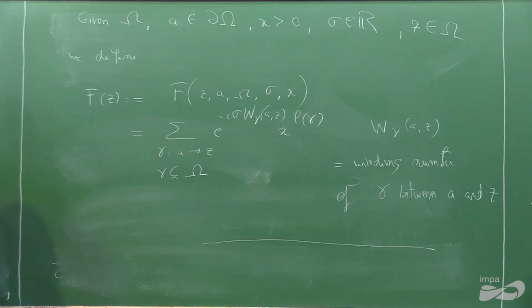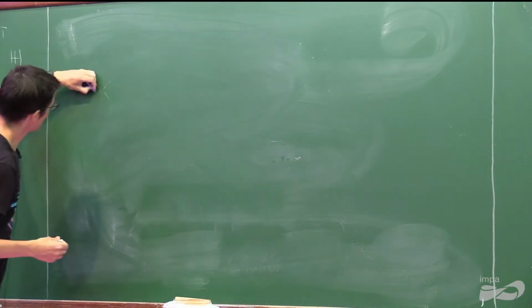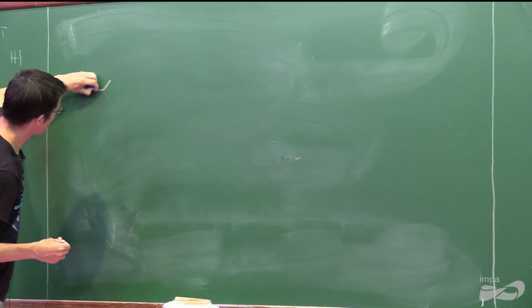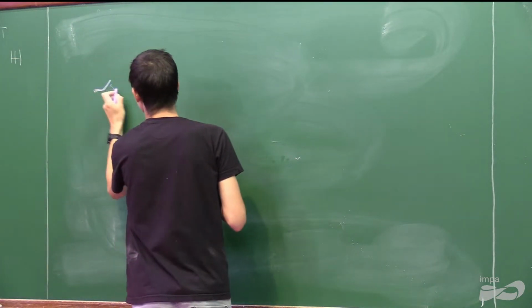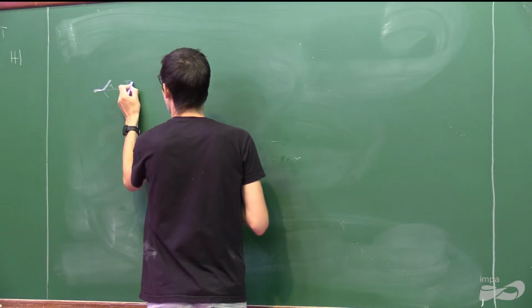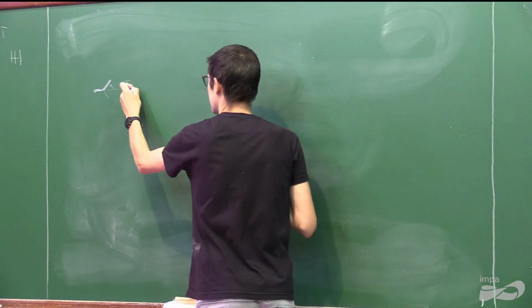Can I erase here? Okay, so if I start from here, basically, if I make a step like this, then it means that the walk is turning by an angle pi/3.